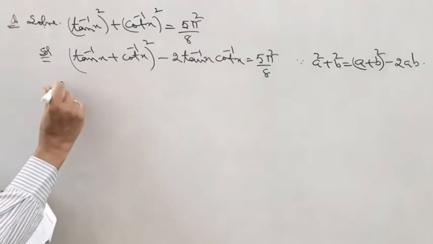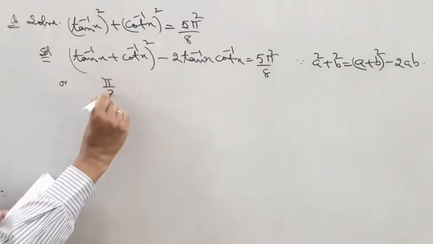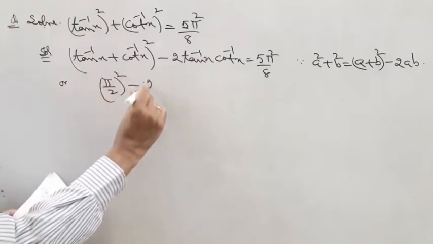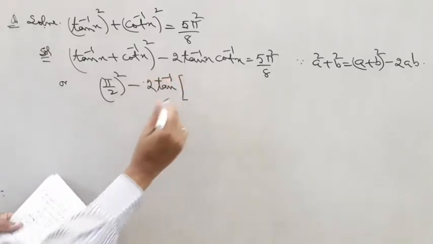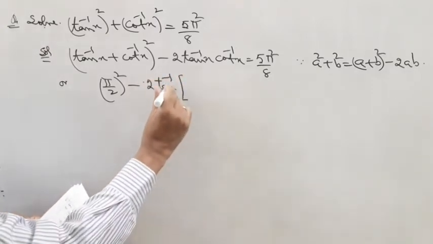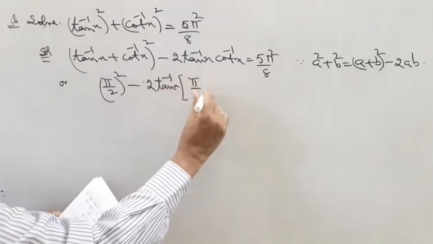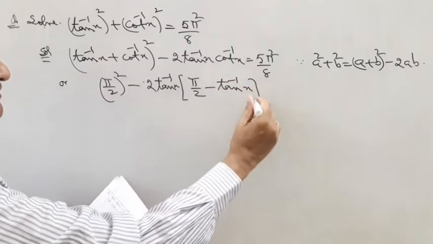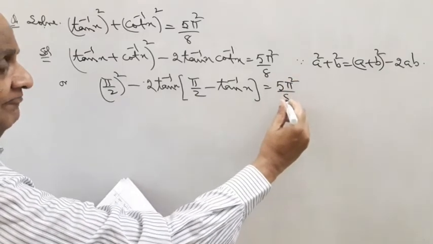Or this is tan inverse of x plus cot inverse of x, it is pi by 2 the whole square, minus 2 tan inverse of x into cot inverse of x, which is pi by 2 minus tan inverse of x, is 5 pi square upon 8.